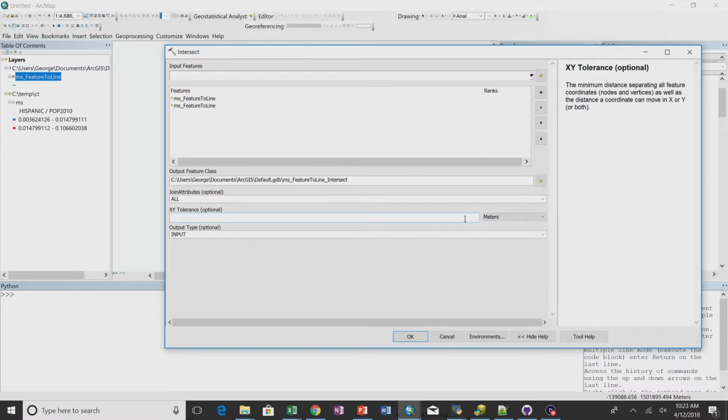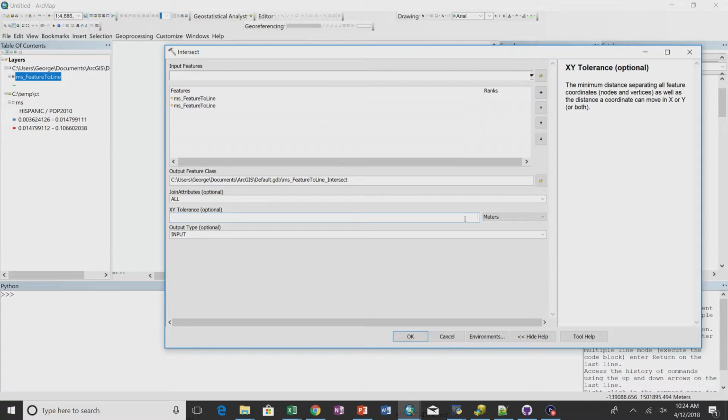So whoever made this data set, if the line that represents Lamar County and the line that represents Forest County are not the exact same line, then you're not going to get that new line. You're not going to get that common boundary line. So if you set an XY tolerance, it will go out beyond that. And if the lines are within that distance, it'll say, okay, those are the same line.